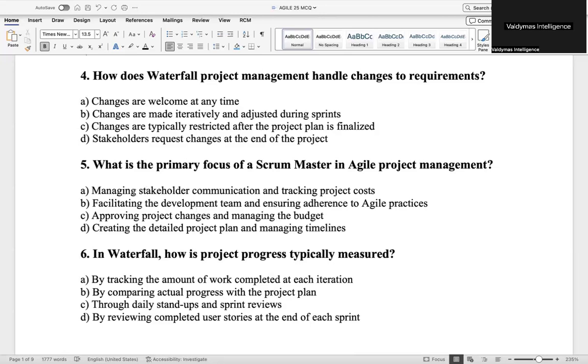Yeah. So the first one, managing stakeholder communication, is part of the role of a Scrum Master. But project cost is not a primary focus of a Scrum Master. Okay, good. But B has everything as the primary focus: development team and ensuring adherence to Agile practices.